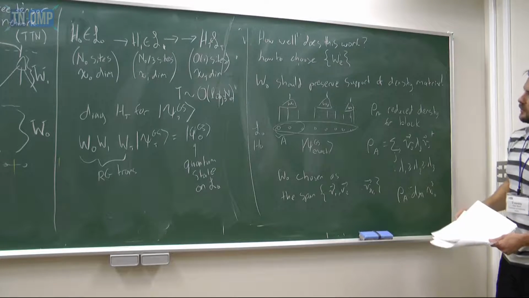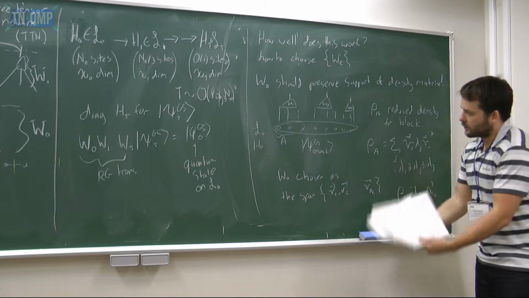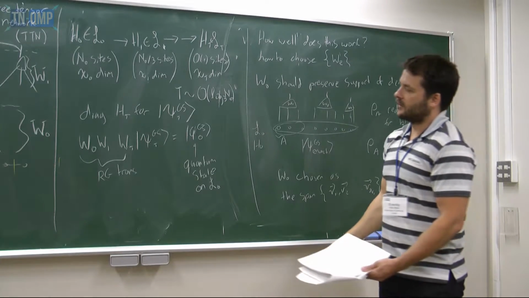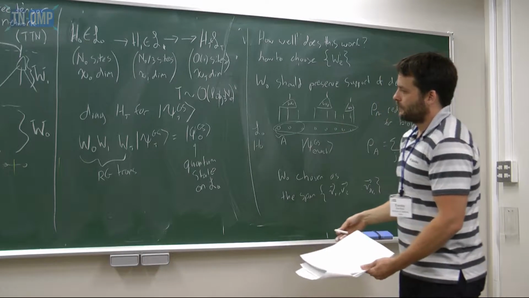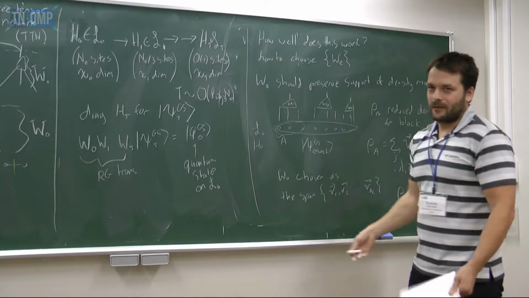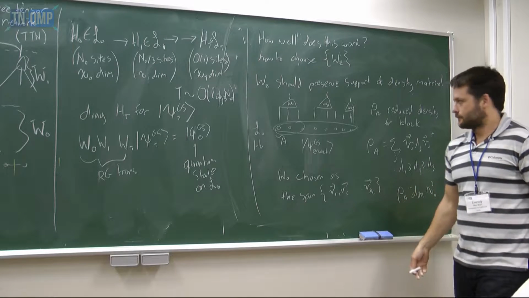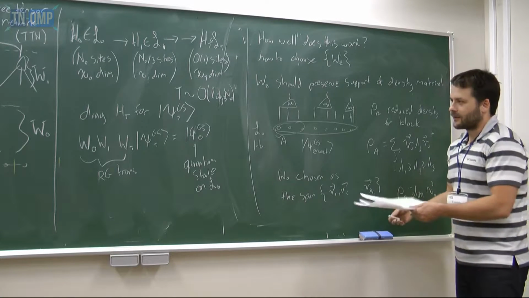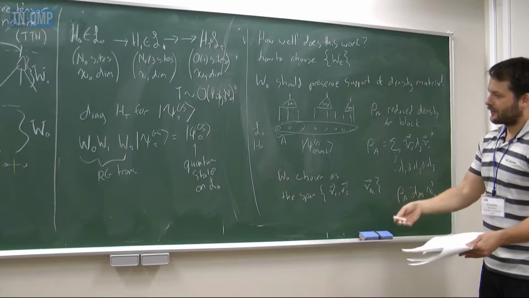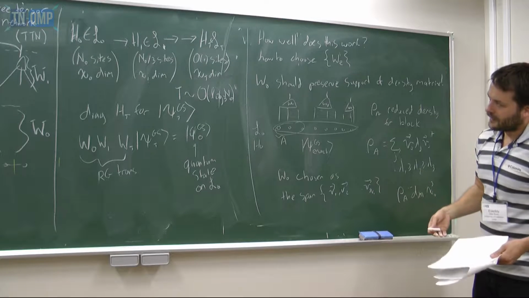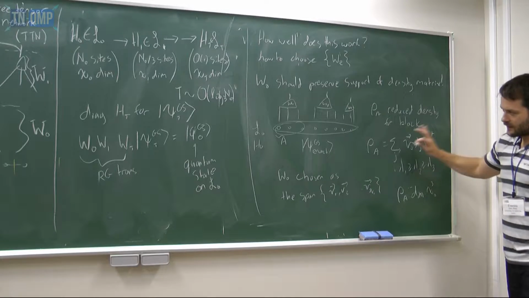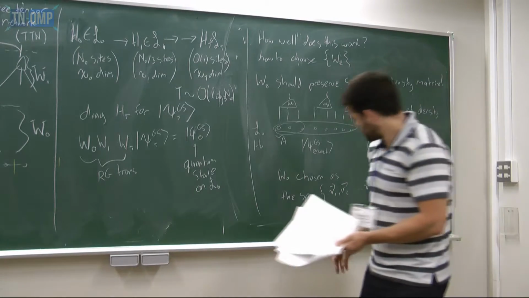If I knew them, this would be the optimal I can do for whatever bond dimension I'm using. This is what the RG should do. It should preserve the ground state, or maybe the ground state subspace, or maybe some subspace containing excited states, if those are what I'm interested in as well. But for the ground state, this is the optimal choice.